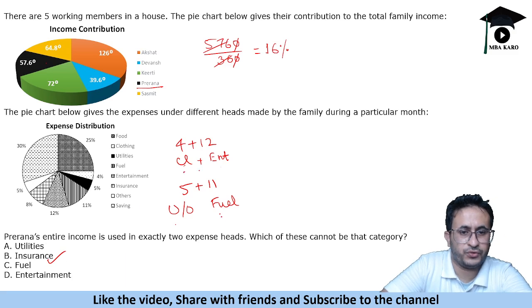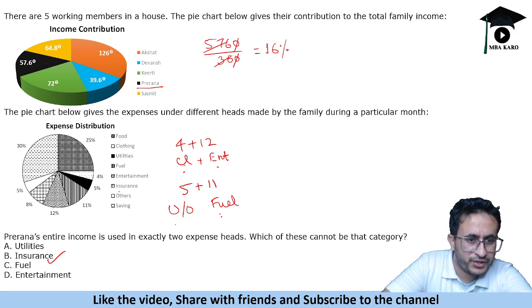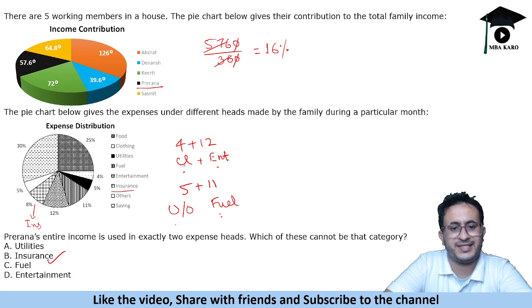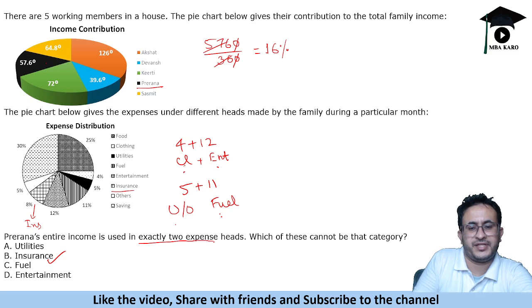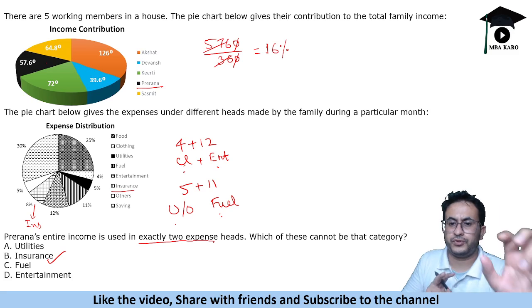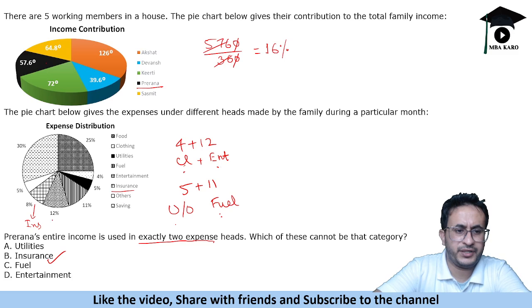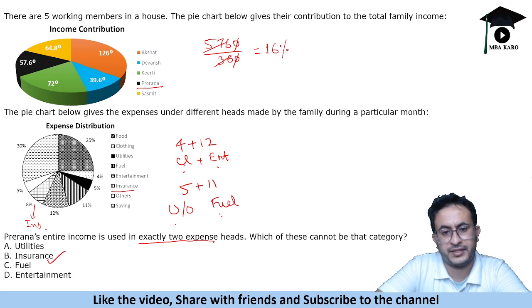Okay, it can be clothing plus entertainment, but it cannot be insurance, because insurance is this one, 8%. So you have to use exactly 16% in 2 categories. So insurance cannot be one of those categories.